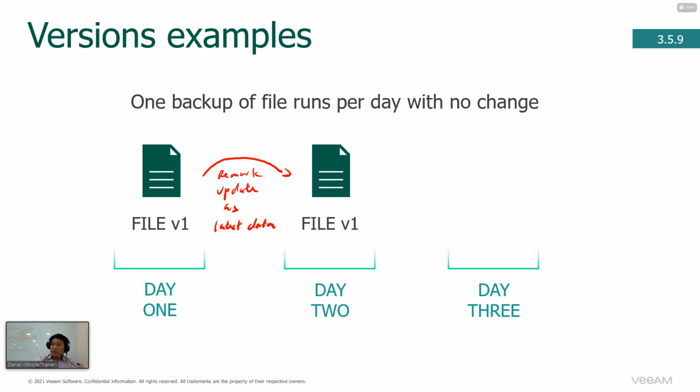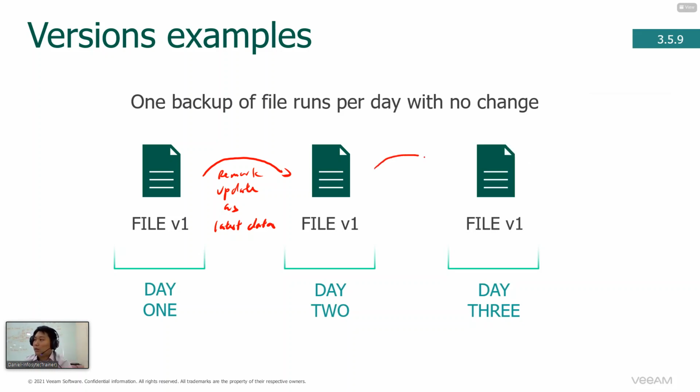So with this remark going on, file version 1 will always be up to date if the file is still available in your NAS storage, even without changes going on to it. The good thing here is the data in my repository will keep getting refreshed as the latest data if the data is still available, and I will not back up the same file again if I do not need to. Next, a similar case, day 3, no changes happen.